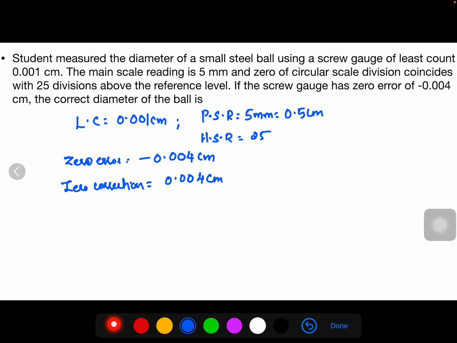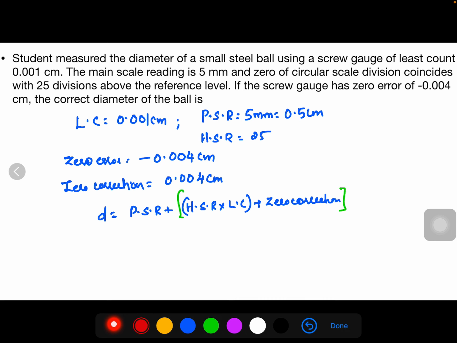Then the correct diameter is equal to PSR plus HSR into least count, plus zero correction, with the whole term within a bracket.